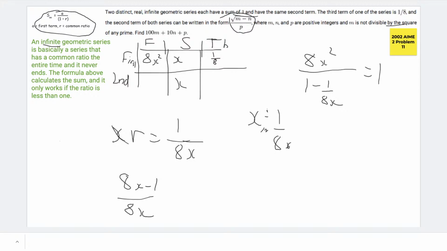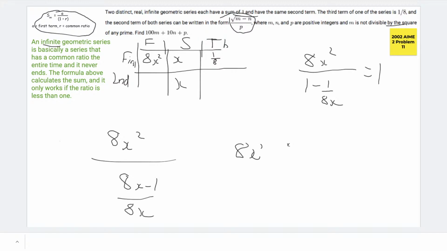And now let's compute this. We know this is divided by 8x squared. To make this expression look a lot easier, we can just rewrite this as 8x squared divided by 8x minus 1 over 8x. And then this thing just flips over because you're dividing it.